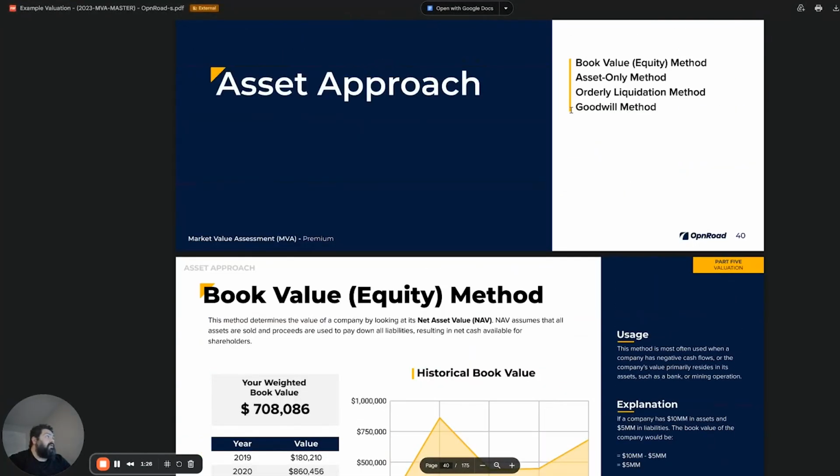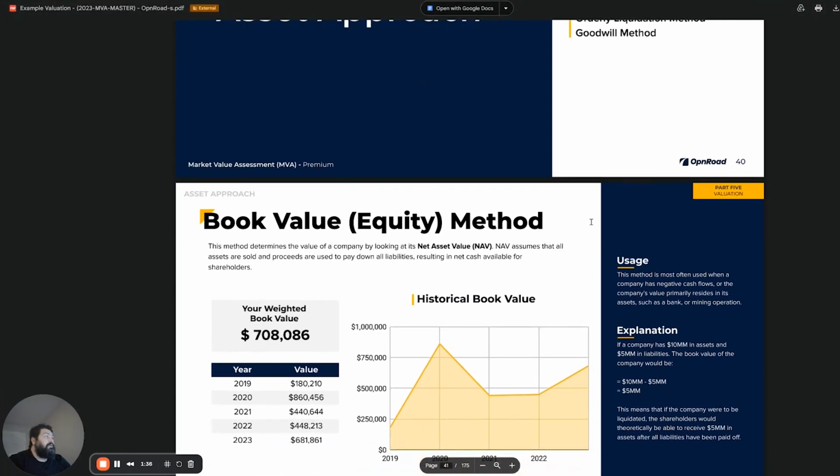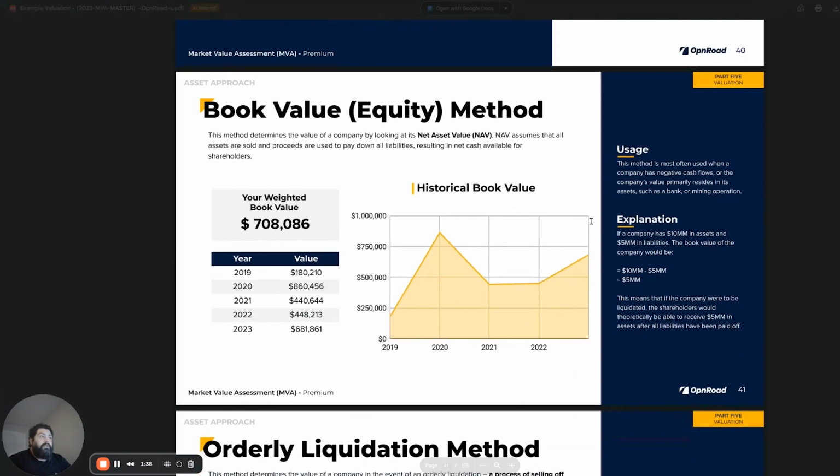And goodwill is the over the top return on the assets, the outsized return on the assets. Book value just looks at the equity.